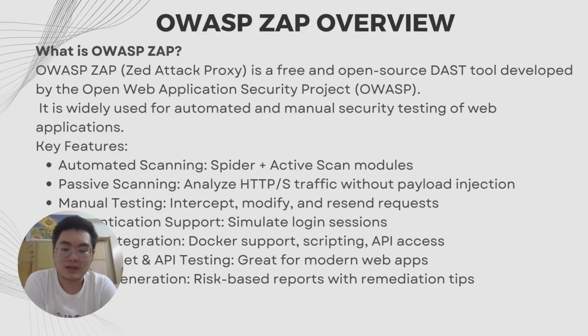One of the key features is the automated scanning using the spider and active scan module. Second is the manual testing with full control over HTTP or HTTPS requests. Next is the authentication support, which is useful for testing user-specific areas.